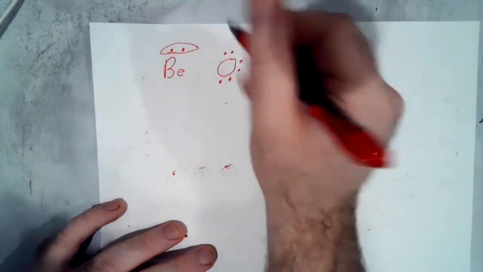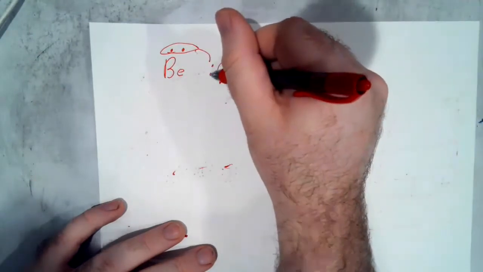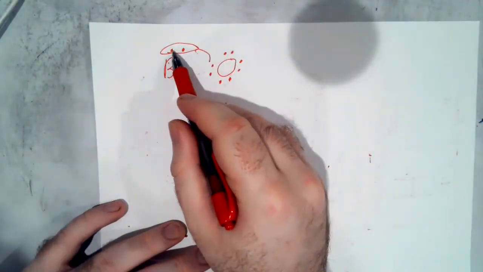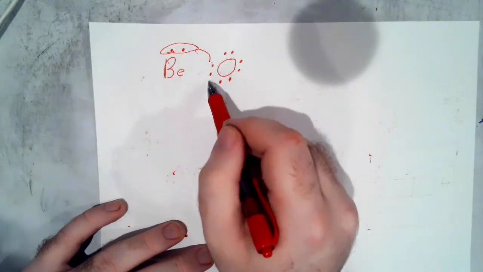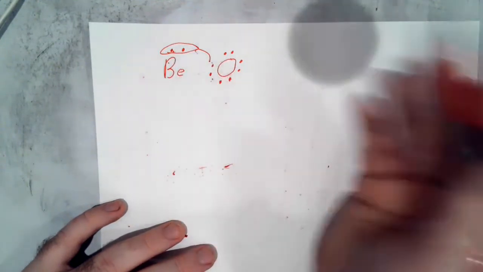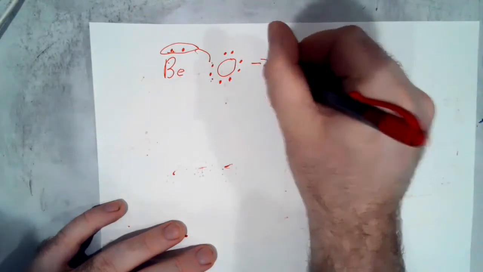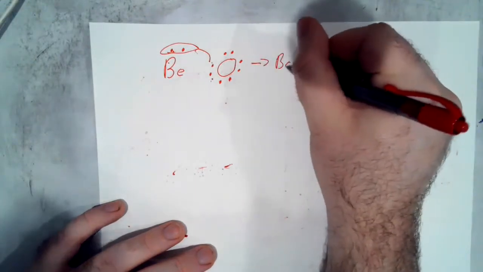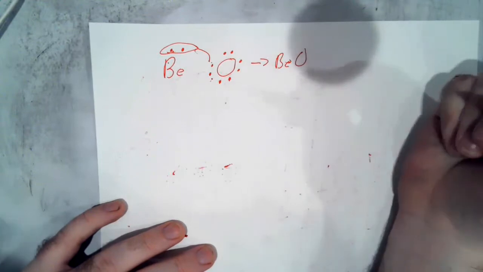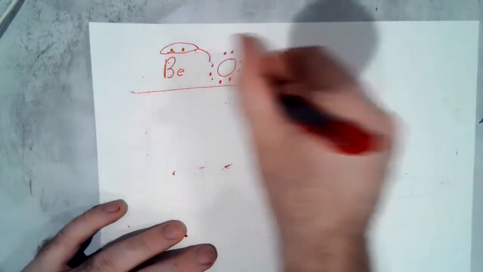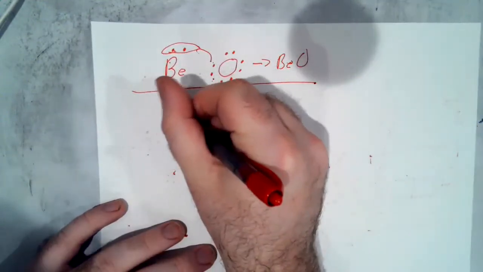All of these electrons are going to go over here. Because remember, beryllium wants to get rid of 2 of those, and oxygen is going to take in 6. So this would yield what we call beryllium oxide.